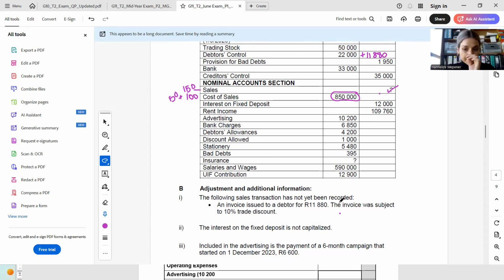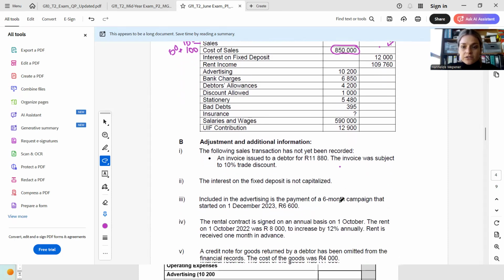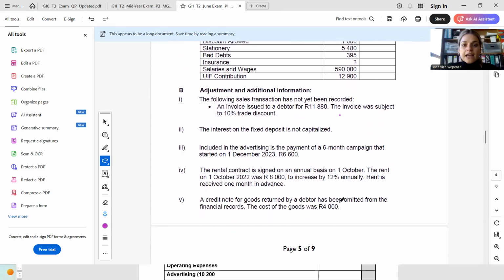Okay, I know that I cannot have sales without cost of sales. And this invoice was issued at 11,880 Rand after we allowed 10% trade discount. So remember that trade discount happens immediately when you issue that invoice, you issue it at the discounted amount.